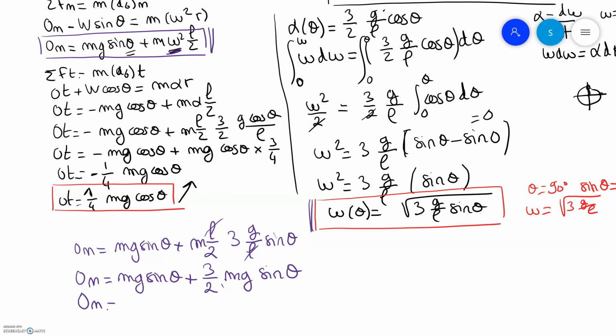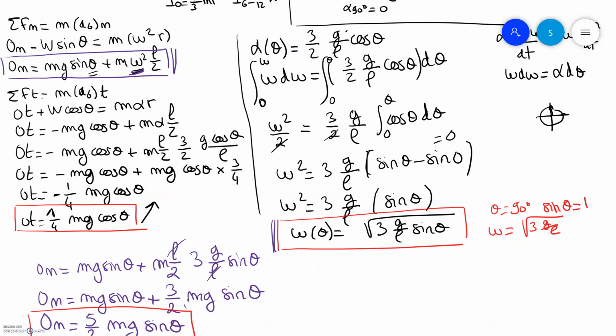I just check I didn't forget any sign. No, I think I'm fine. So 3/2 plus 2/2, 5/2 of mg sine theta. So we are able to find the ON for any angle. So you can check for some specific angles to see if it's correct.